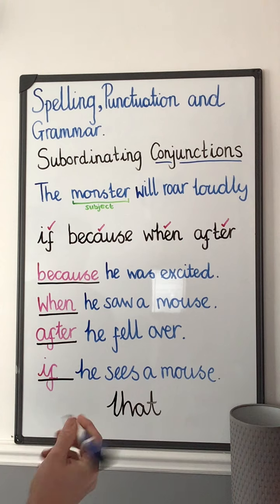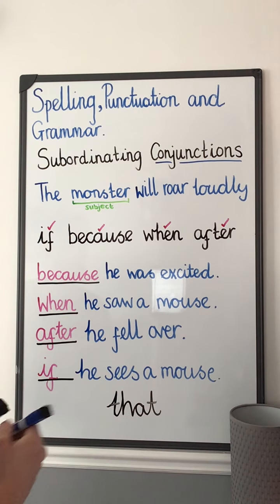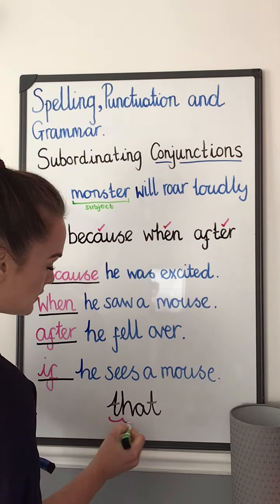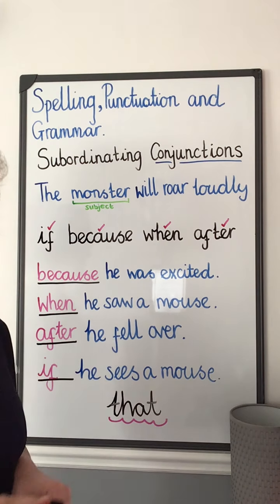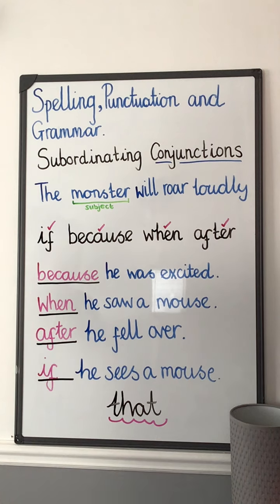I'm going to leave that one with you as a challenge. You need to write your sentences using subordinating conjunctions, making sure that they are appropriate. So we knew that if wasn't appropriate to this main clause, so we didn't use it. We changed our main clause and then we could use it. Enjoy your activity. Good luck.